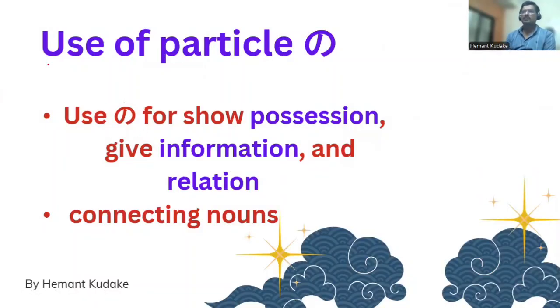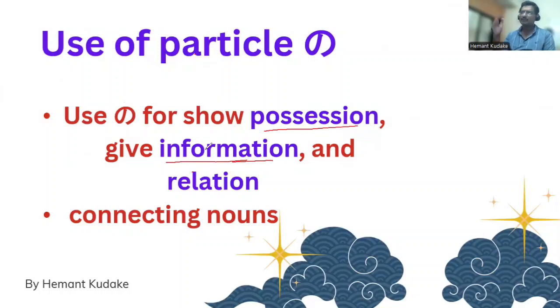Okay, so let's get into the topic. Use of particle no. Particle no is used to show possession. What does that mean? Particle no is used to tell what you own or what somebody owns. The second use of particle no gives information.